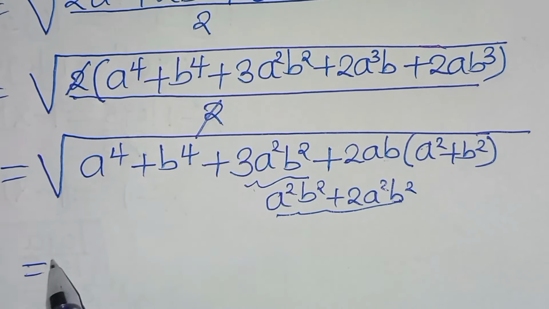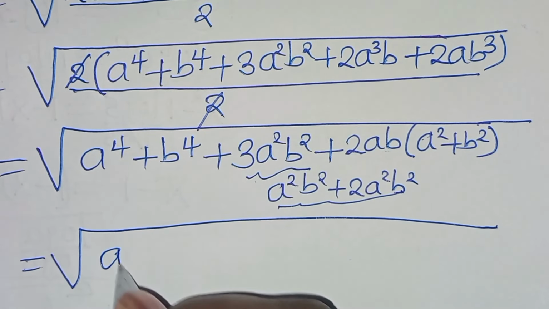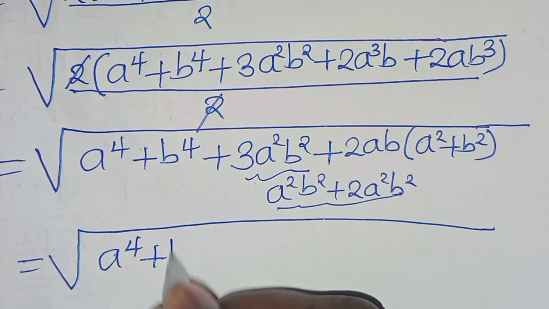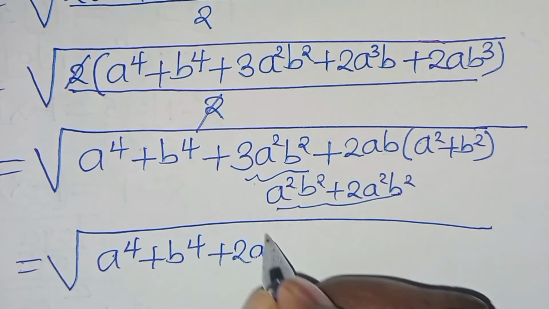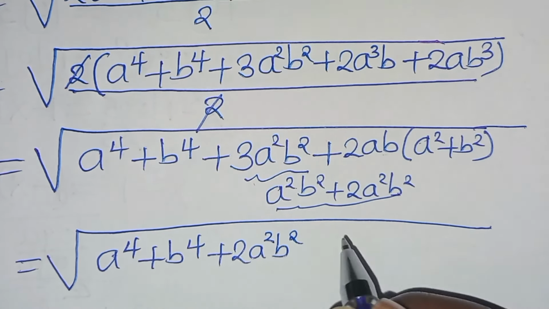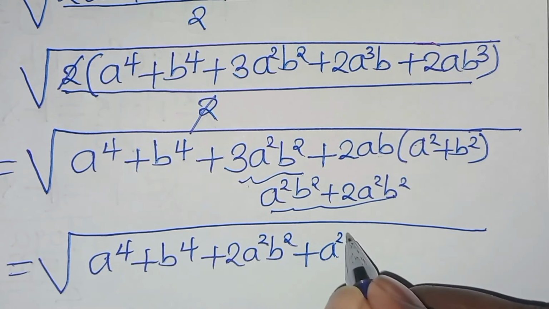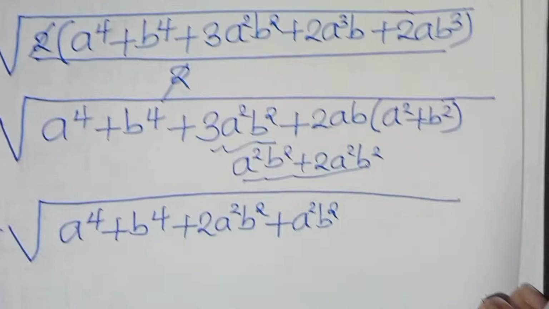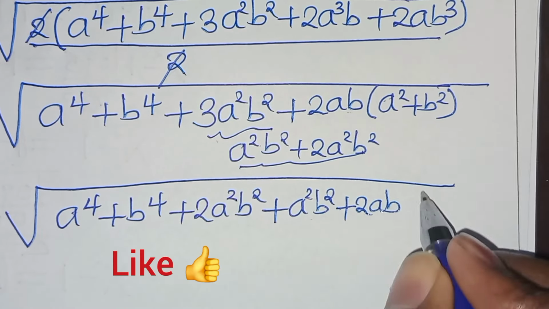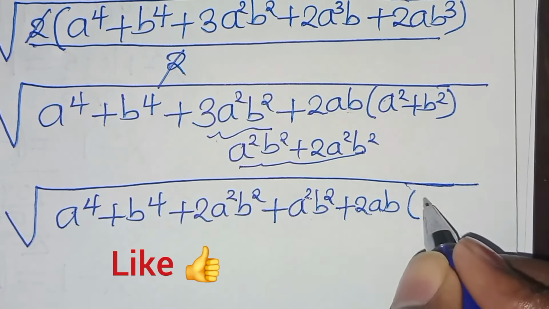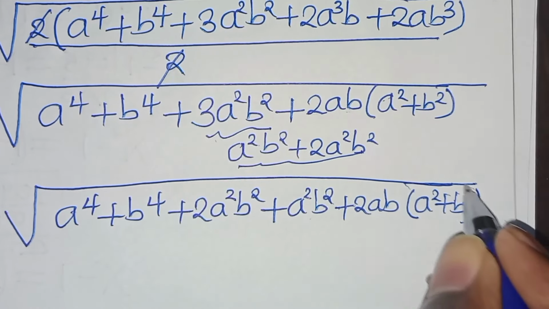Here we have the square root of A to the power 4 plus B to the power 4 plus 2A squared B squared, then plus A squared B squared, then plus 2AB into the parentheses A squared plus B squared.